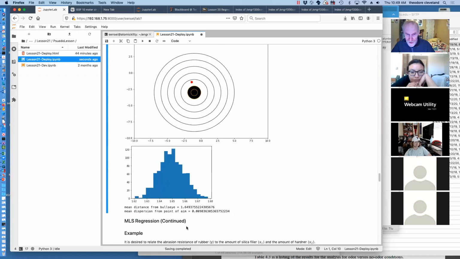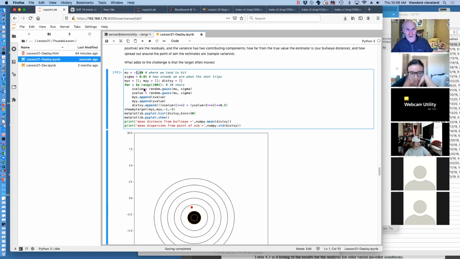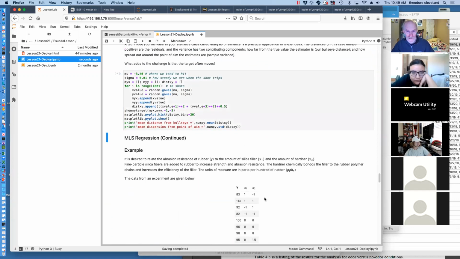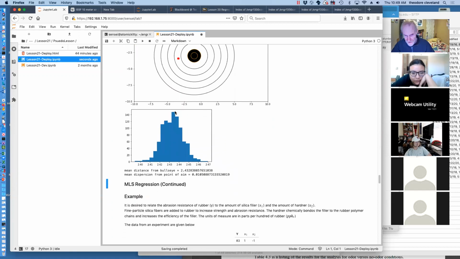But you get the point. As the target's moving, we can look at these residual plots and see that they're staying roughly normal, but they're wobbling on the x-axis as we try to get in on the target.